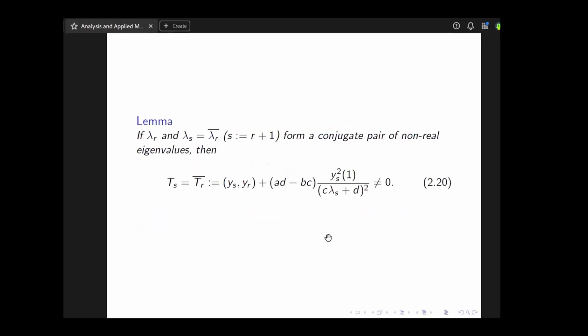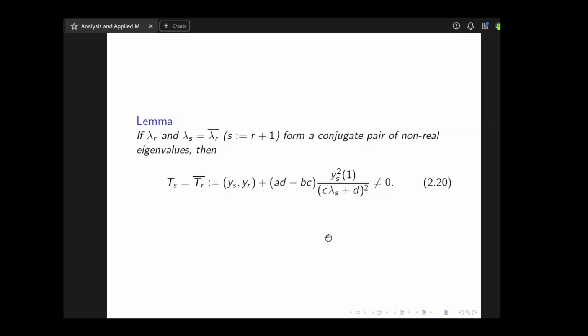Also, we need to find sometimes the inner product of eigenfunctions corresponding to complex non-real eigenvalues. As you know, in this kind of problems, non-real eigenvalues appear in pairs. If lambda s is an eigenvalue, its conjugate is also an eigenvalue.